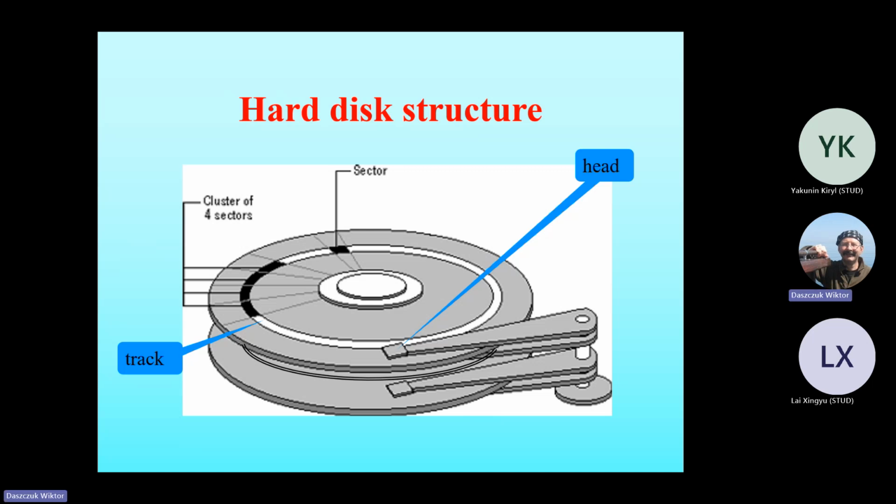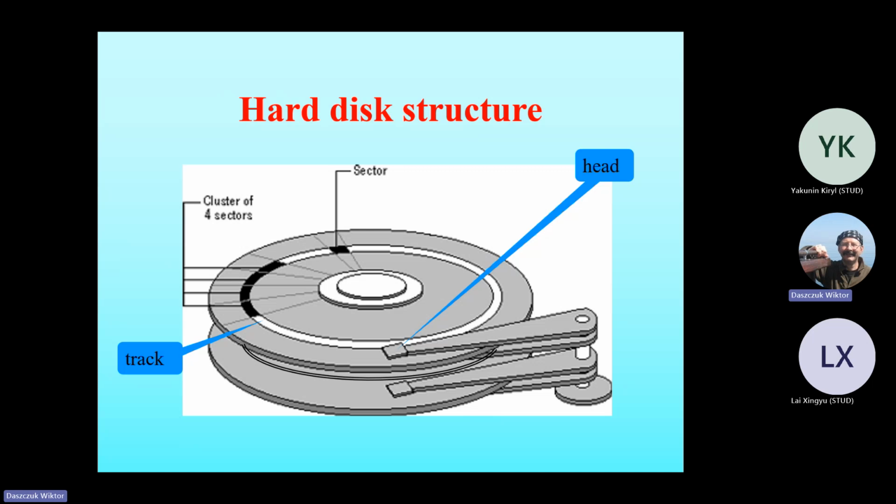How is it built? There is a number of plates that rotate on a common axis. And we have a mechanism of moving heads that move over the surface of those plates.